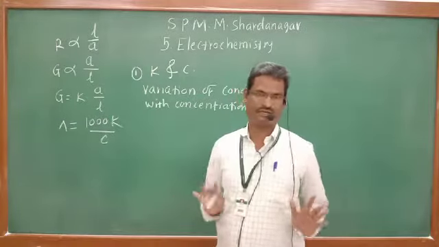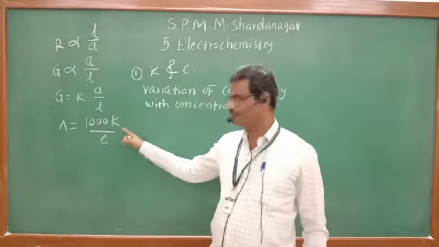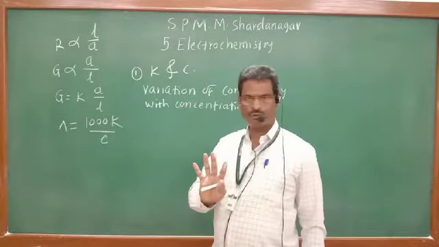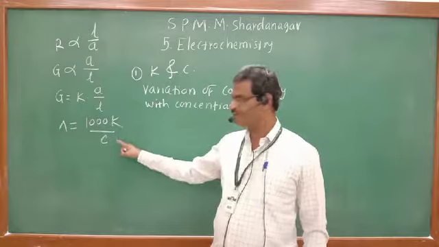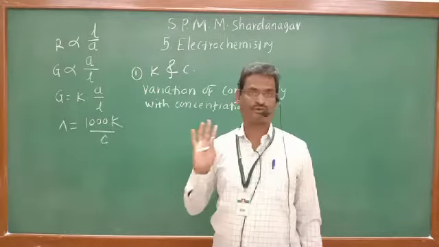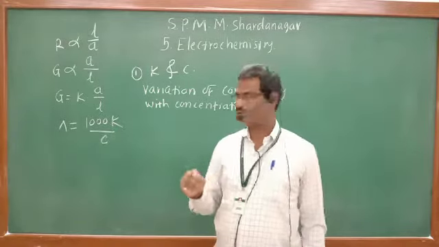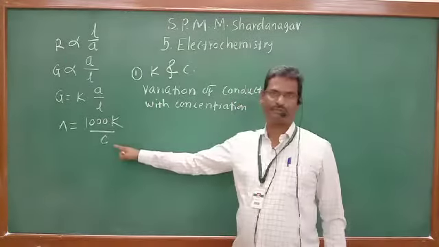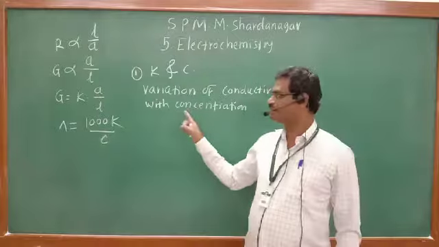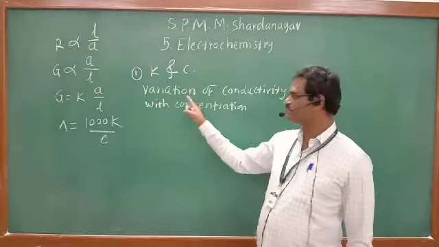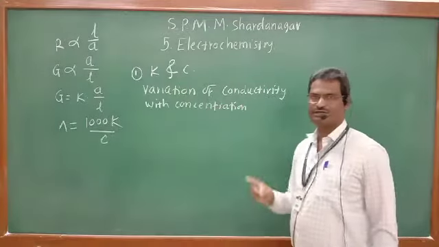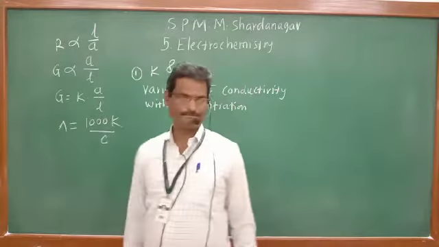Now see theoretically. This is the mathematical equation. Mathematically, you will easily come to know that K and C are directly proportional to each other. But how theoretically also K is directly proportional to concentration, that explanation we have to study. That is nothing but the variation of conductivity with concentration. Now see here.